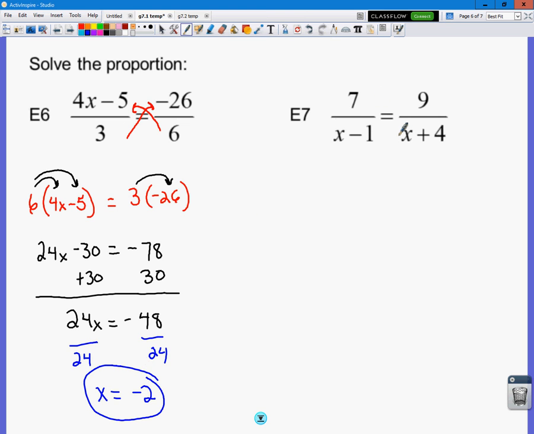In our next example, again, we're going to take the product of our extremes, 7 times everything that was in the denominator, x plus 4. And it should be equal to the product of my means, 9 times x minus 1.